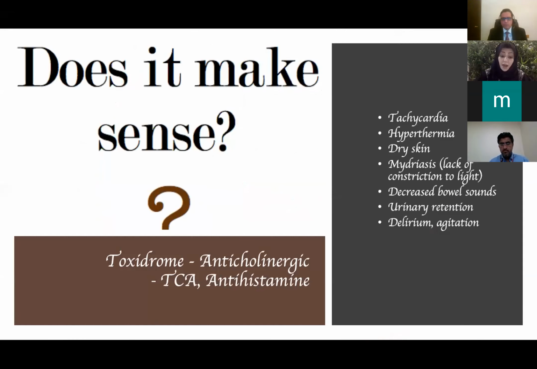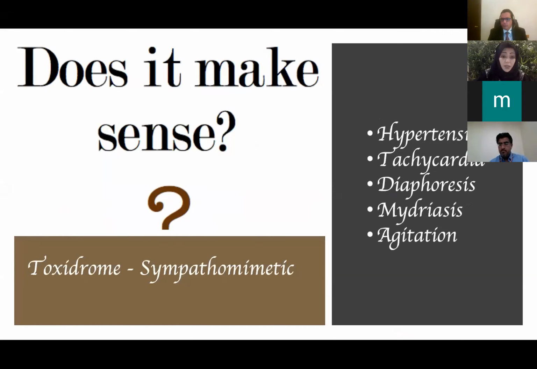You know why now. If a teenager came to you and drank a funny tea, or a TCA, or an antihistamine, which is, by the way, one of the most common presentations in the ED, you know why they're tachycardic, why they're hypertensive, why they're dry, and so on. On the same token, why the sympathetic are doing what they're doing.